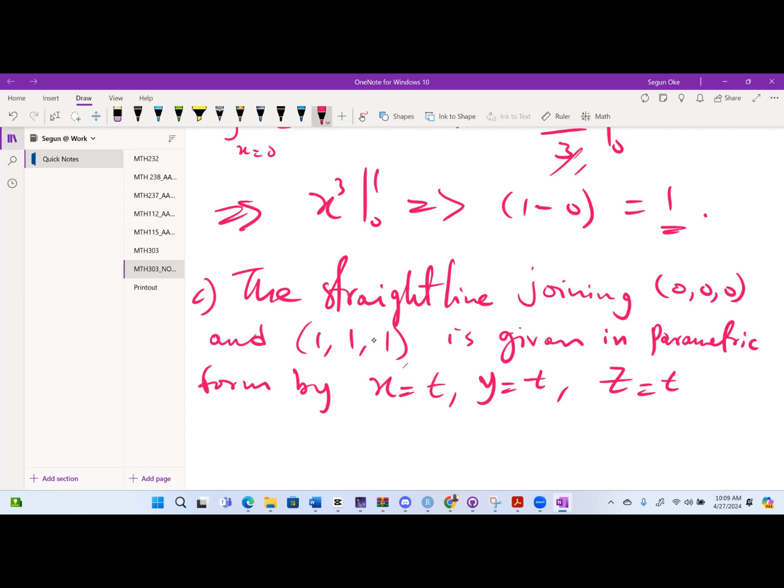Remember, initially it was given to be x equals t, y equals t squared, z equals t cubed. But in this case now, our x equals t, y equals t, z equals t.